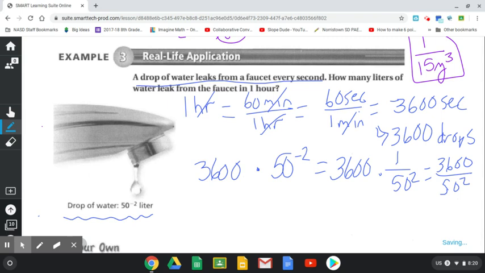When we do 50 squared, 50 times 50, we get 2,500. If you have your calculator there, you would get 1.44 liters of water.